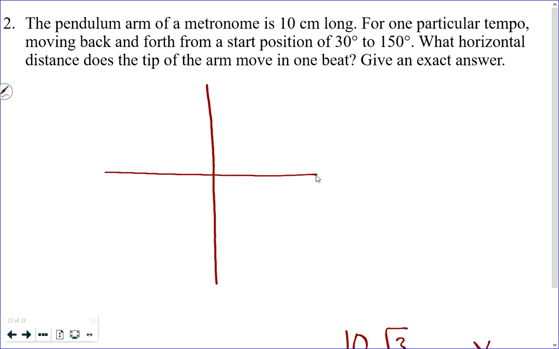We're going to have to sketch this over top of a coordinate grid because it talks about rotation angles. It starts at 30 degrees. So this angle in here is 30 degrees. And it ends at 150 degrees. I really hope that you understand the significance of it ending at 150. That also is 30 degrees away from the x-axis.